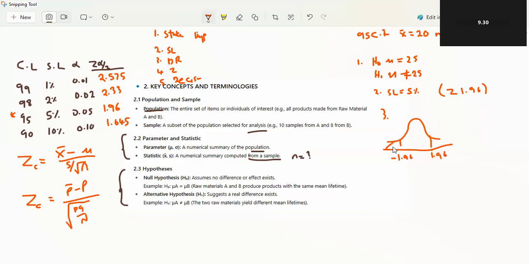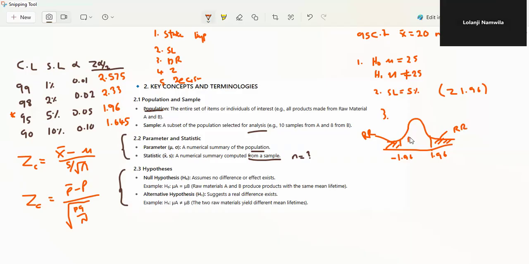It is a point where there is a significant change. So when your answer is in the rejection region, it may mean something good, may mean something bad, but the issue is there is a statistical difference. So we reject our H0. By rejecting H0, we mean we accept HA, the alternative hypothesis.